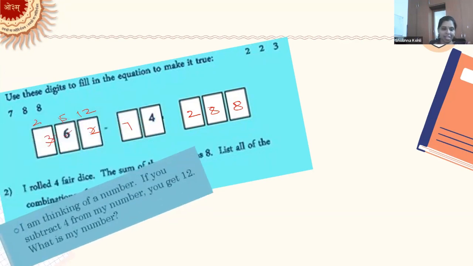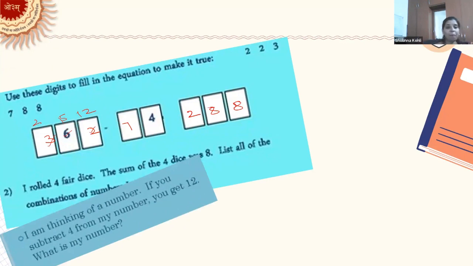Now next question. Again, it's a small lower level class, but they have to read and connect all the information they are getting from the question. So first analyze, then synthesize, then evaluate. Am I right, teachers?